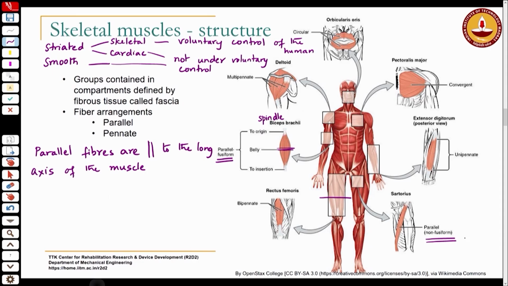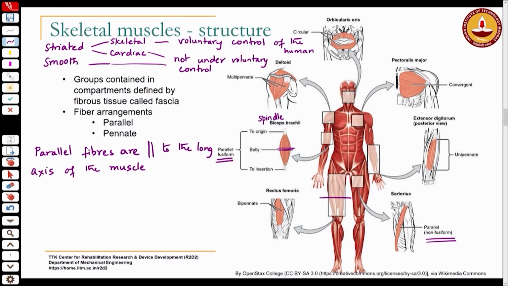And then you have a non-fusiform type, which is more like a strap. Again the fibers are parallel to the length of the muscle, to the longitudinal axis of the muscle. So that is like a strap, it does not have a pronounced belly.